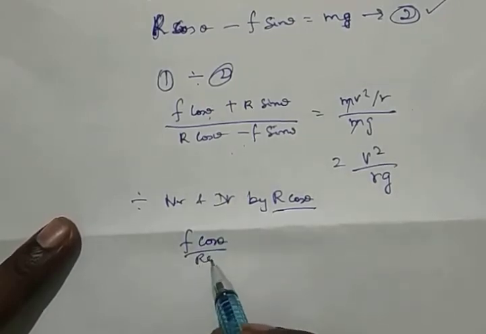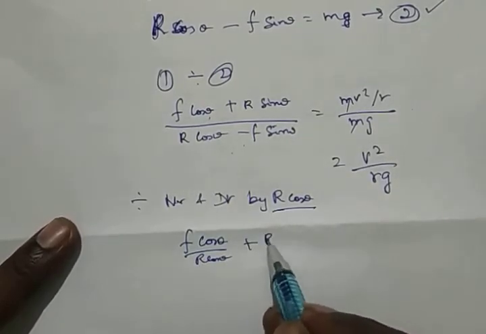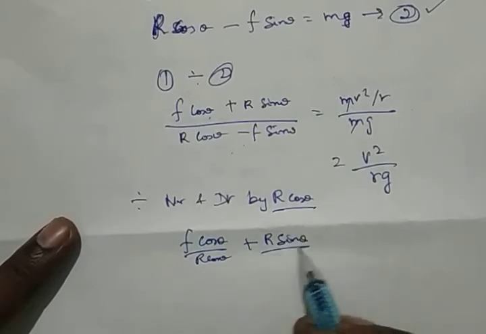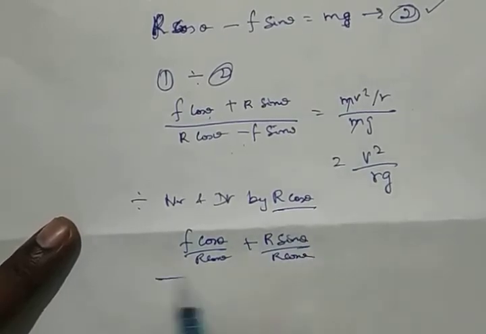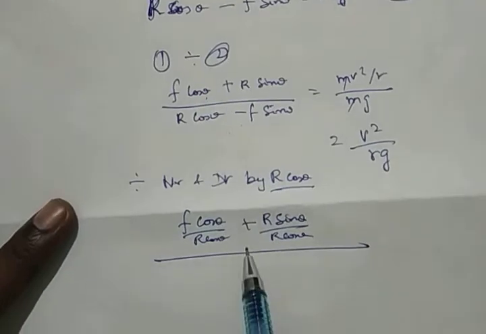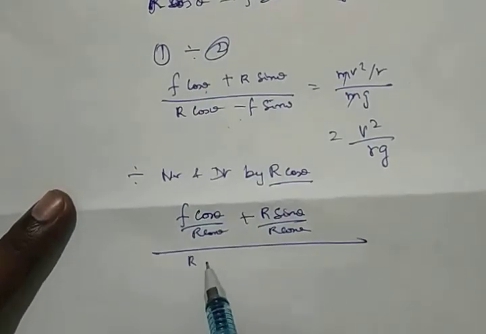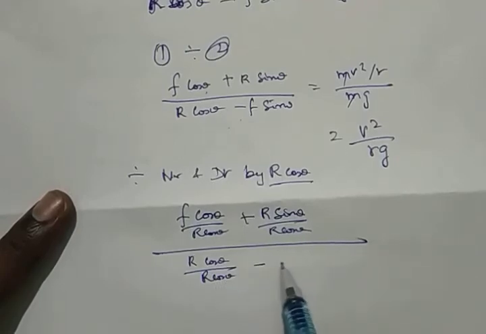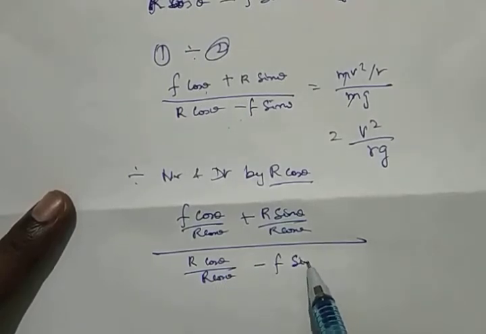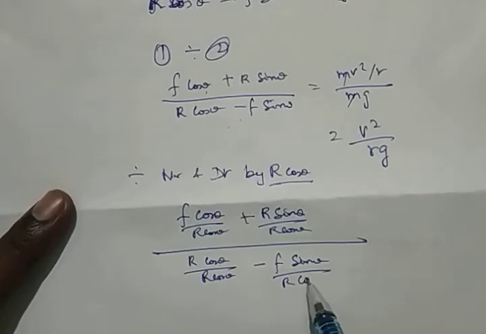F upon R cos theta plus R sin theta upon R cos theta. I have done the denominator: R cos theta upon R cos theta minus F sin theta upon R cos theta.